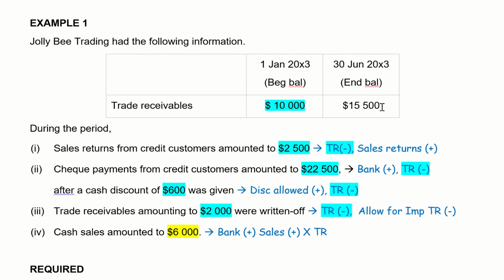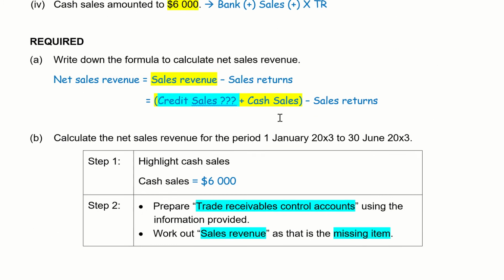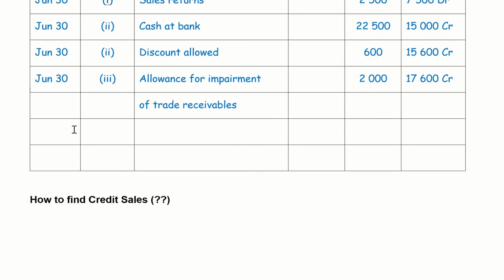Actually, there's one more piece of information I need to record, and this is the ending balance. You see that the ending balance is 15,500. So I'm going to highlight the ending balance in green now, 15,500. How do I record this ending balance inside the trade receivables control account? Now, ending balance means the final balance at the end of the day, right? So we're going to leave a line.